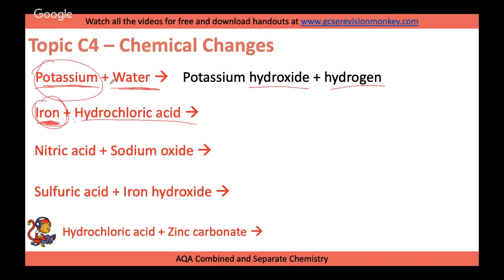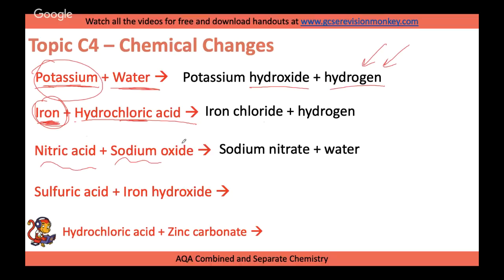Whenever you just add a metal on its own, it's hydrogen that's made. But this time, because it's hydrochloric acid, you make a salt, and it's a chloride salt. So you make iron chloride plus hydrogen. The one below, you would make sodium nitrate. But this time, because it's not just a metal, it's sodium oxide, think to yourself, it's not hydrogen anymore, it's water.